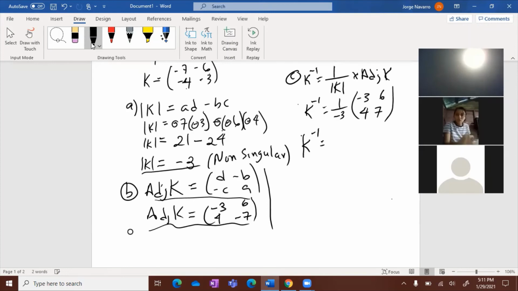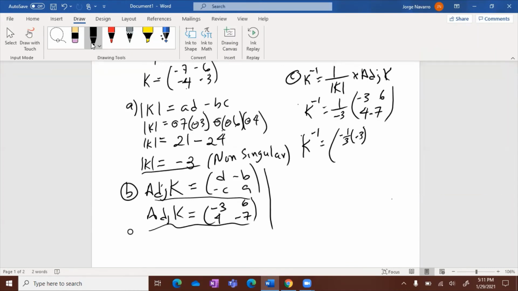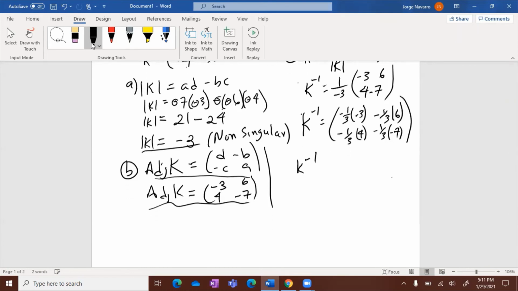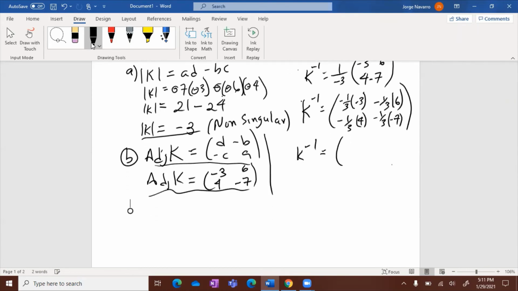So K to the negative 1 will be negative 1/3 times negative 3, negative 1/3 times 6, negative 1/3 times 4, and negative 1/3 times negative 7.